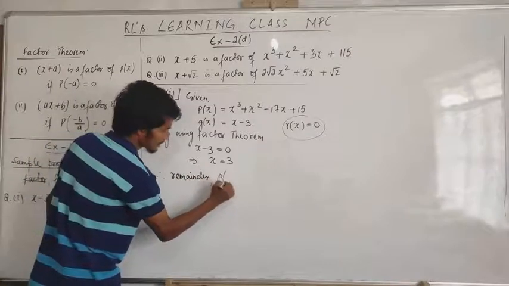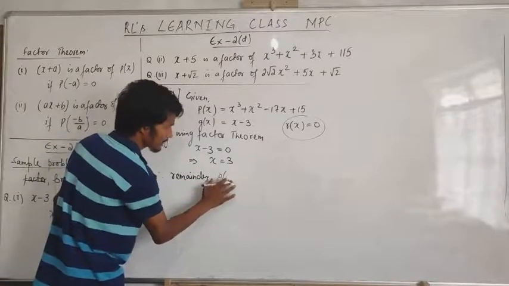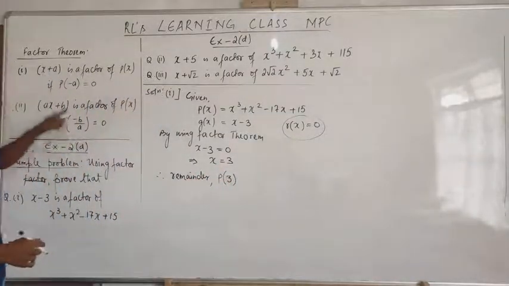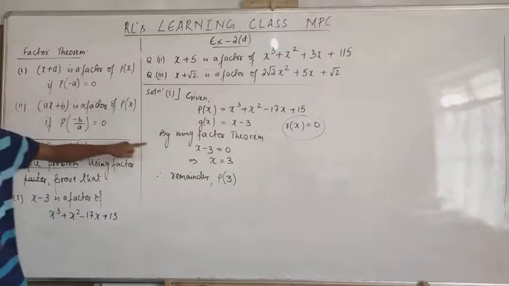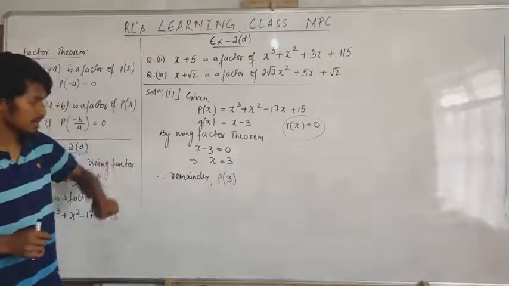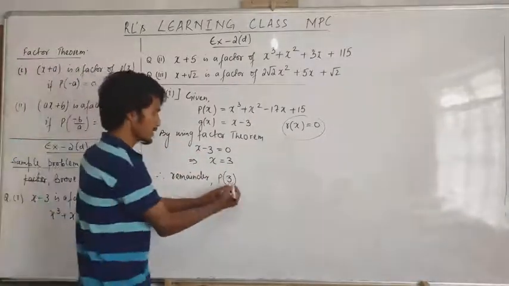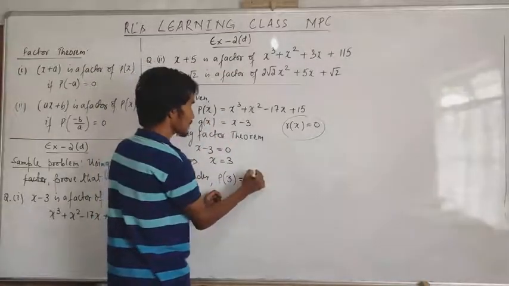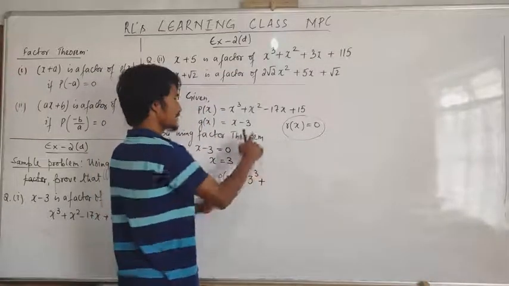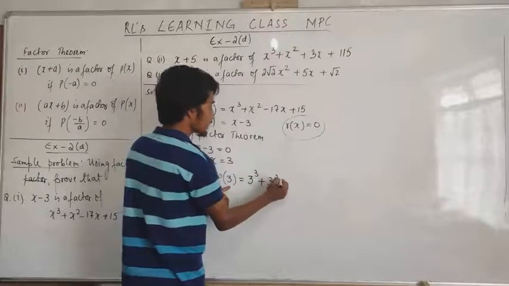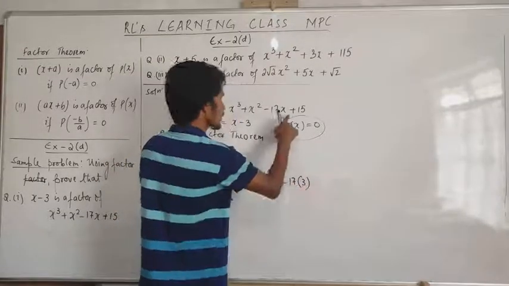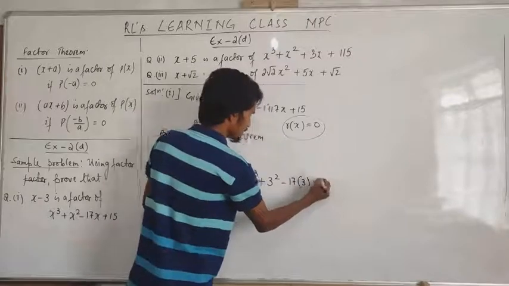Let's check this remainder, p of x. Now p of x here is p of 3, because this minus changes to plus. In place of this x, I'll put 3 to the power 3, and in place of this x, 3 to the power 2, and minus 17 into 3, then plus 15.